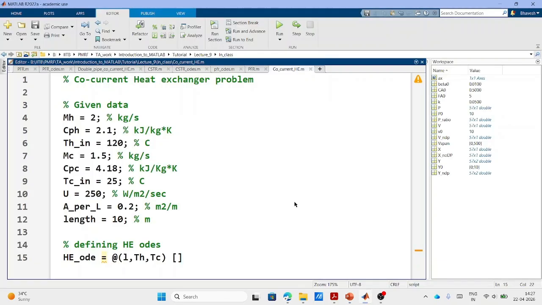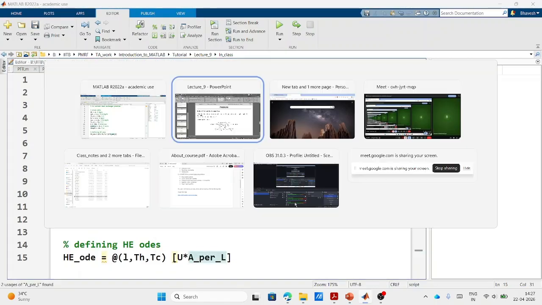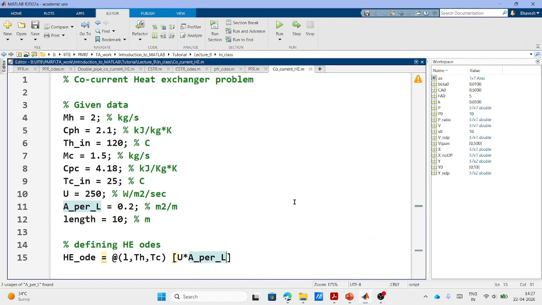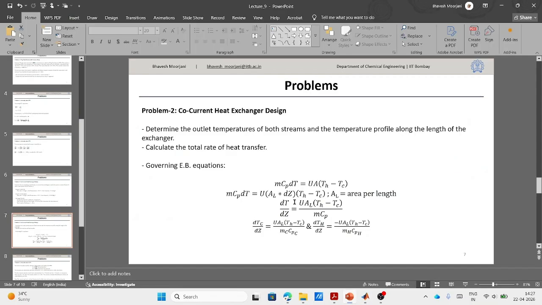That is U into area per length into TH minus TC divided by, first row will be DTH and second row will be DTC.